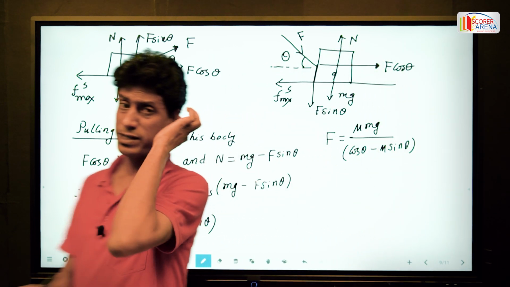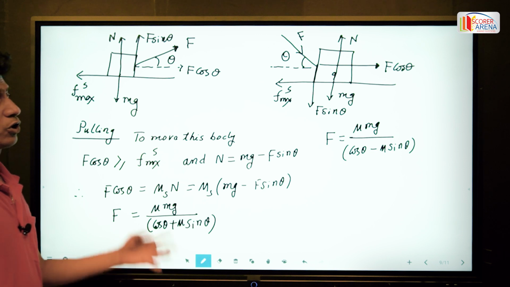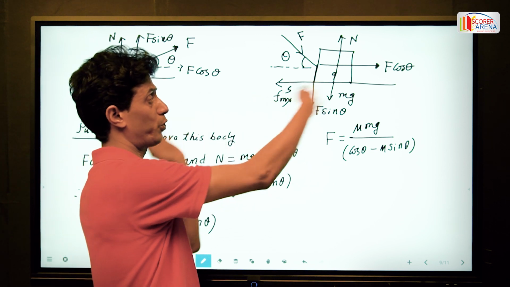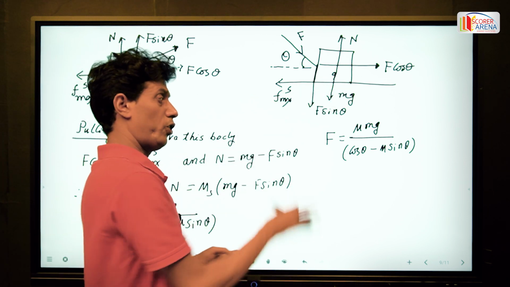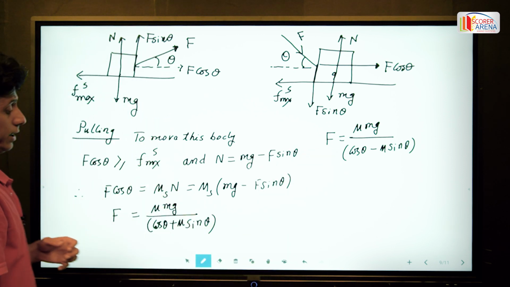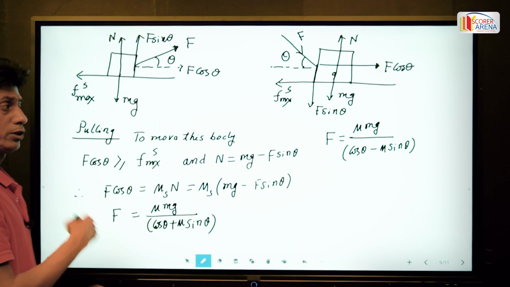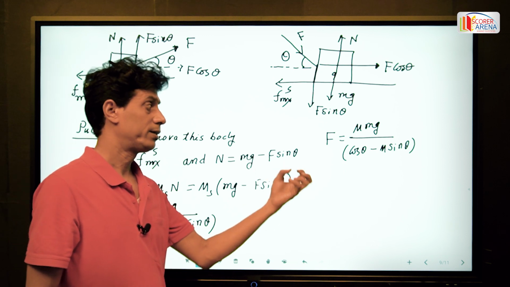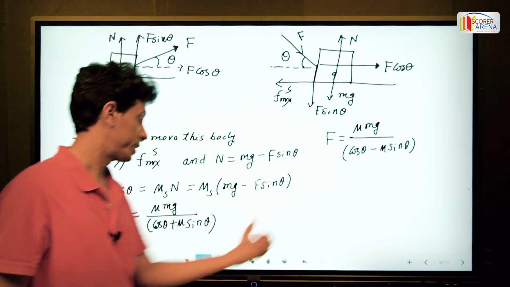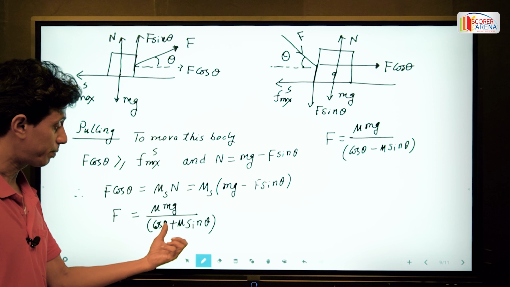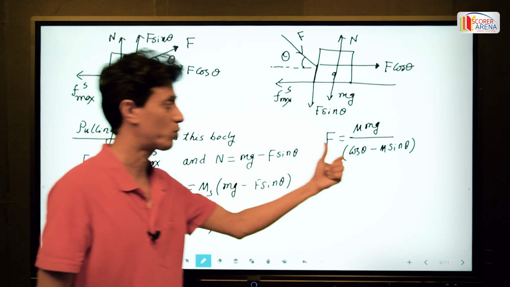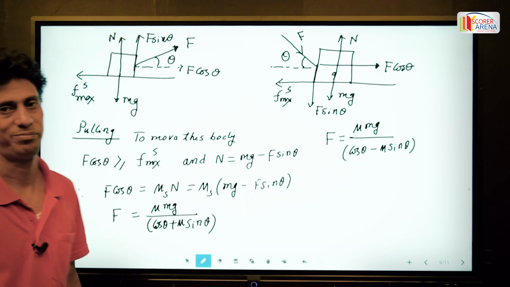So it is not necessary every time to draw the forces and take components. If we know the pulling force, then automatically we can write the pushing force also. In the denominator, pulling has cos theta plus mu sin theta, and pushing has cos theta minus mu sin theta.